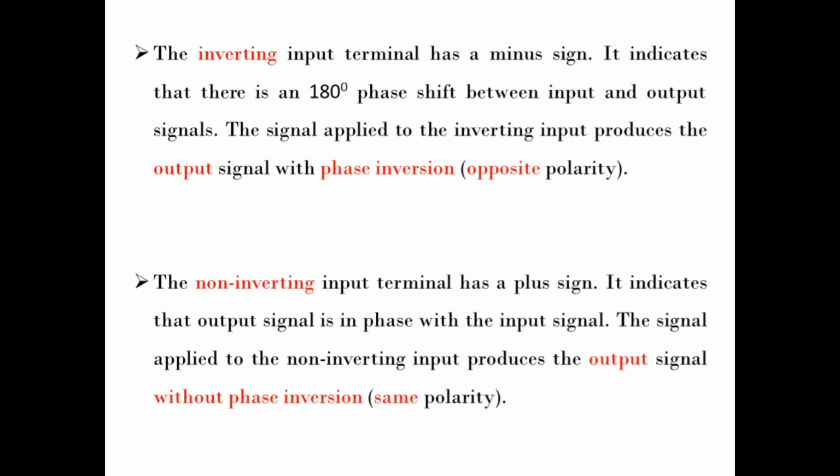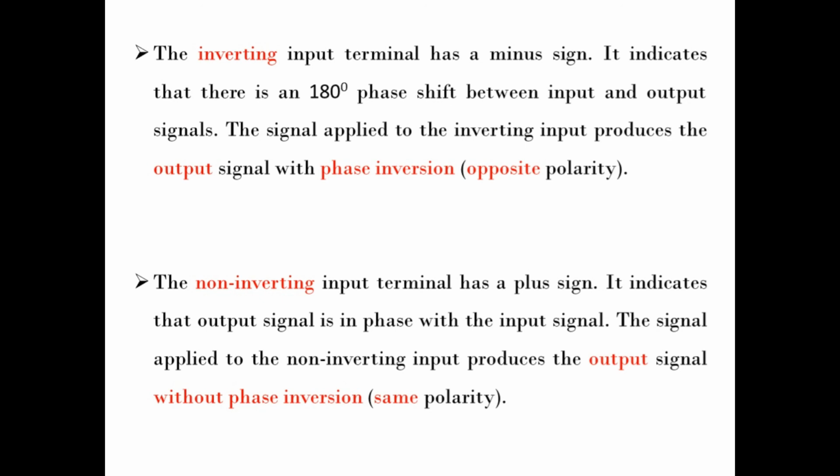Whereas in the case of the non-inverting terminal, which is labeled by a plus sign, the output signal is in phase with the input signal. That means there is no phase difference between the input signal and the output signal. When we apply a signal to the non-inverting terminal, it will produce an output signal without any phase inversion, so there is no change in polarity.